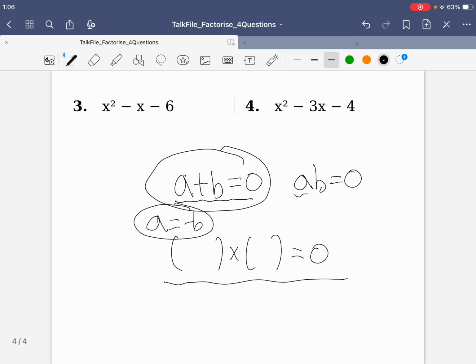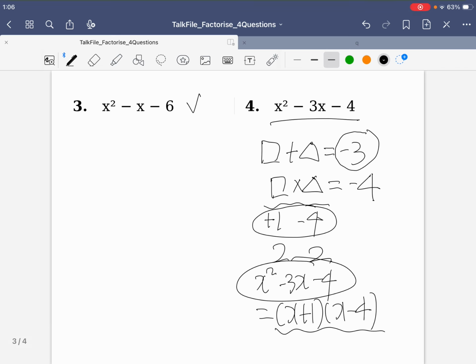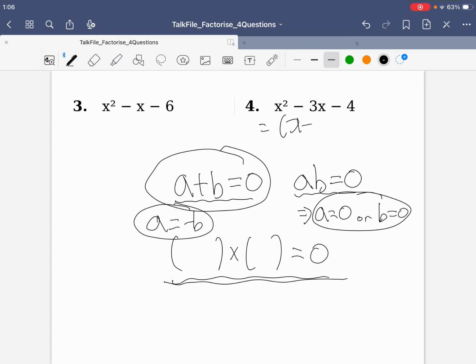But if you see ab equals 0, then it basically means that either a equals 0 or b equals 0. So this information could be really useful. That's why we are changing sums into products.